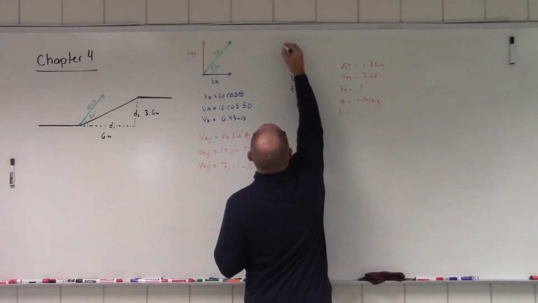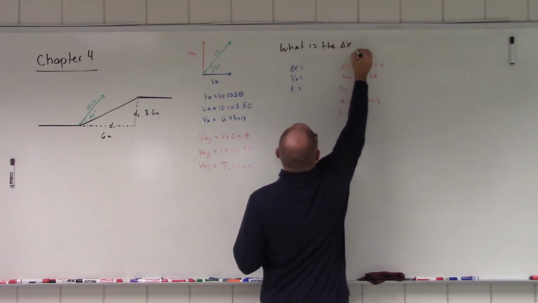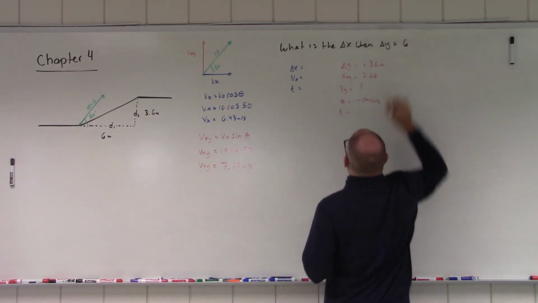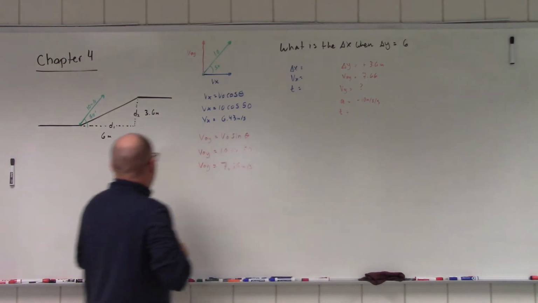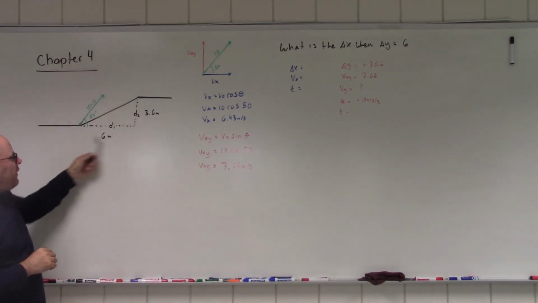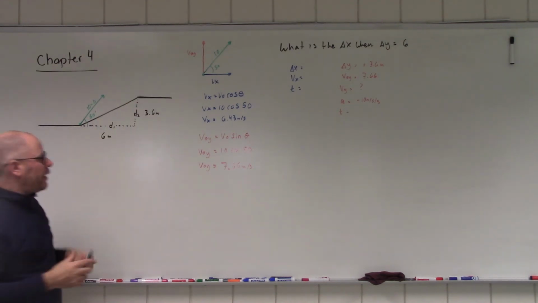This time, we're going to assume that it gets to 6 meters, but we want to know what the height is. If it gets to 6 meters and the height is bigger than 3.6, that should be a good indication for us.